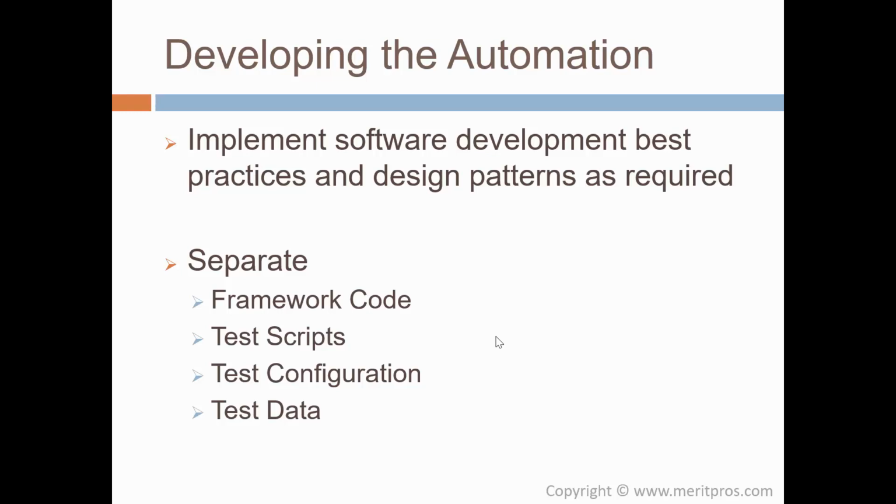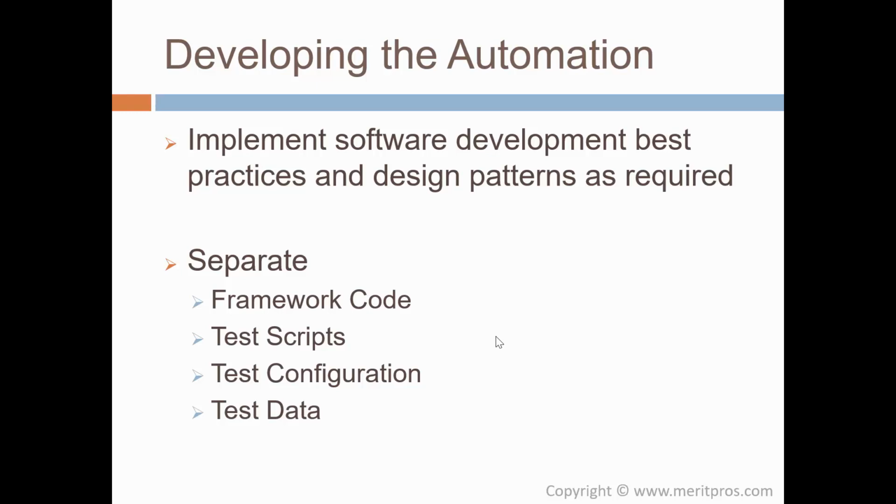For example, when you consider Selenium and web automation, go with page object pattern, that is really good. And then we can use Jenkins for continuous integration. Then we have Maven for project management and build process. So there are already established practices and design patterns. Use them. We can use TestNG for test case management. So use those best design patterns and best frameworks.